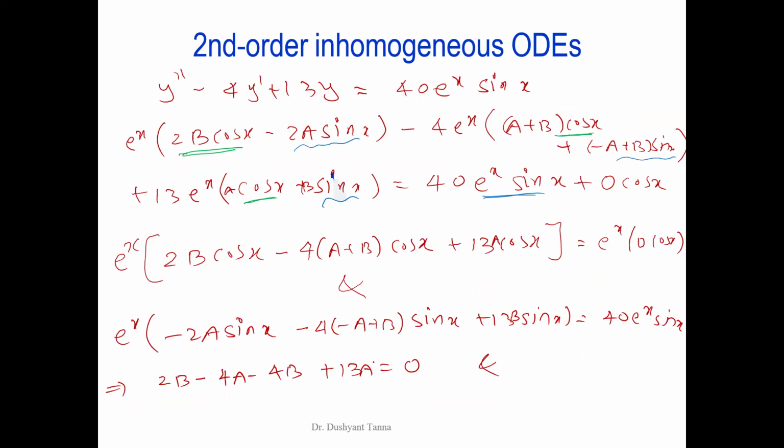So this will be 13a and 13b here. And minus 2a plus 4a minus 4b plus 13b is 40. Once you simplify that, 13 minus 4, so 9a minus 2b. 9a minus 2b is 0.